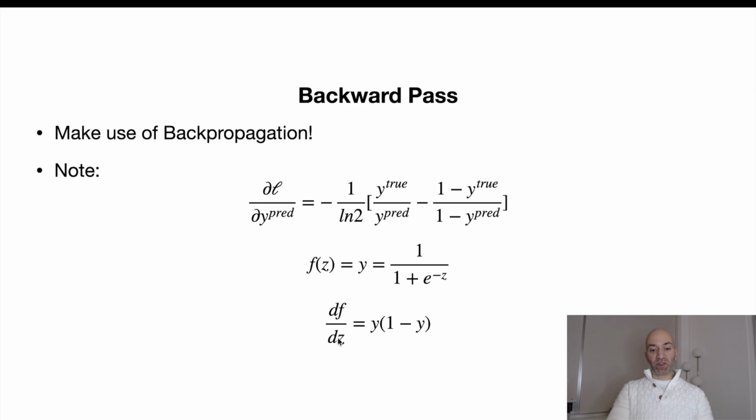And the derivative of this activation function with respect to z is equal to y times 1 minus y. So it just has this form. And finally, it's also key to keep in mind the definition of z. This is going to be very important when we are working through our backpropagation, so I'm going to mention this definition a few times.